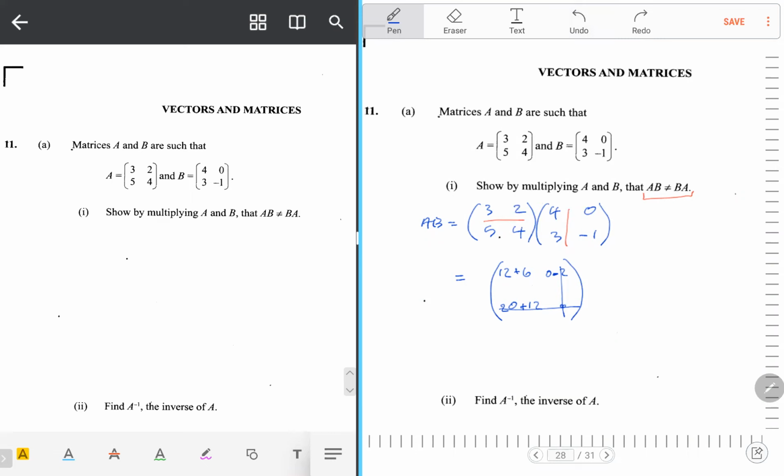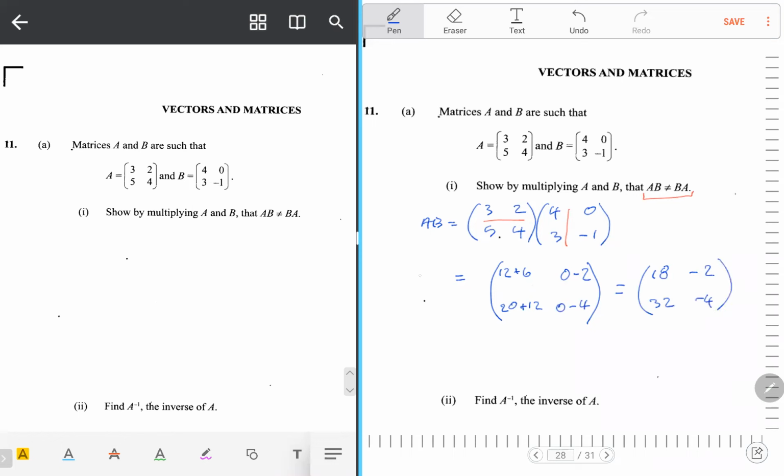It is 5 times 0, which is 0, and 4 times minus 1 is minus 4. So basically this works out to be 18, minus 2, 32, minus 4. That is AB.